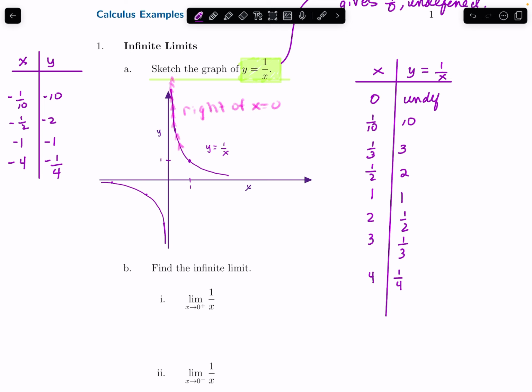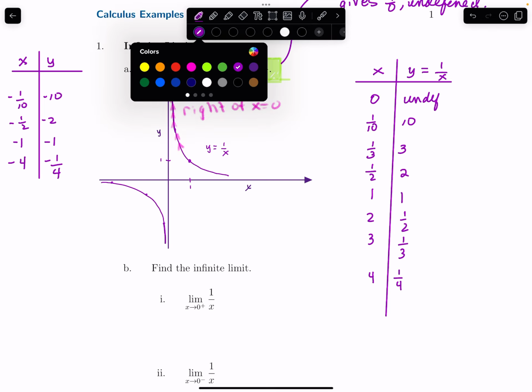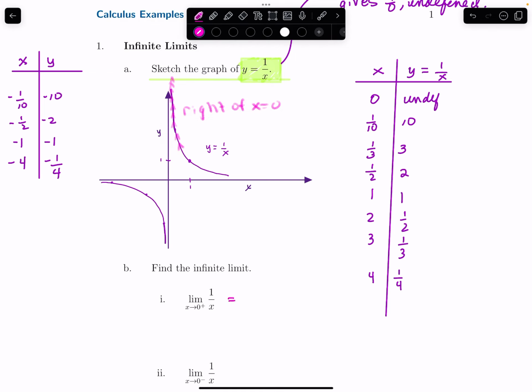And the infinite limit is infinity. Infinity is not a number. It is a notation to show that this graph goes up and up. In other words, y can be as large as we want it to be by making x close to 0. How can I make y as large as I want?